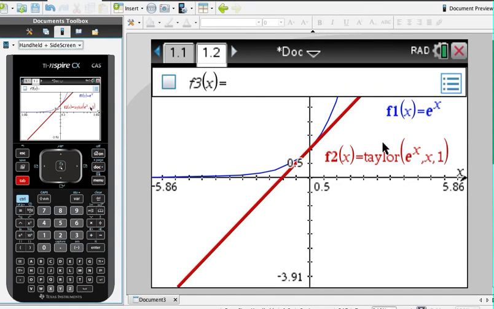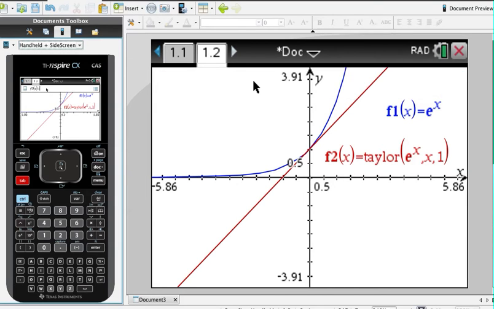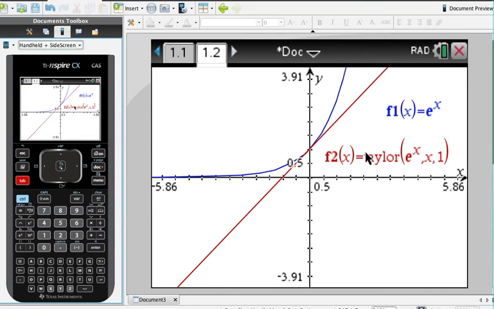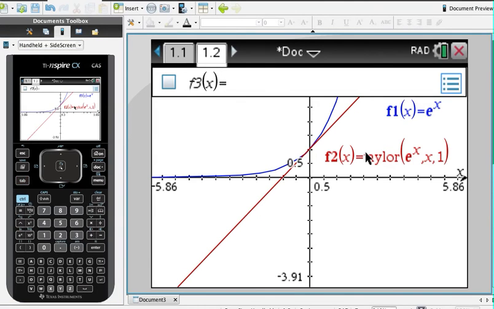Degree 1, trying to go back to f2 of x, and my calculator is nervous, very nervous.